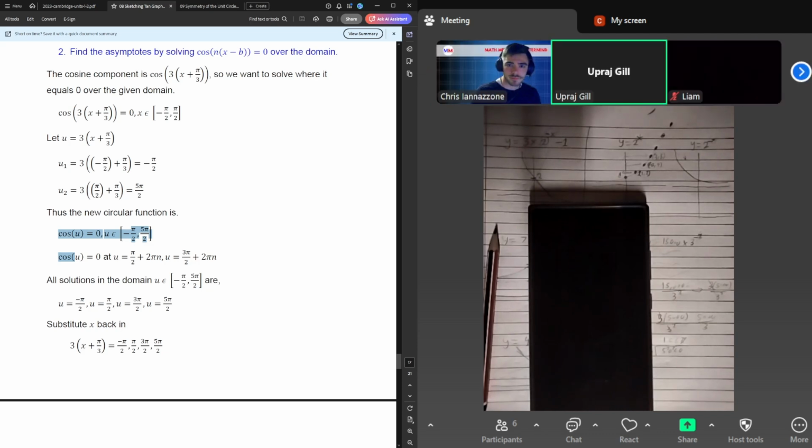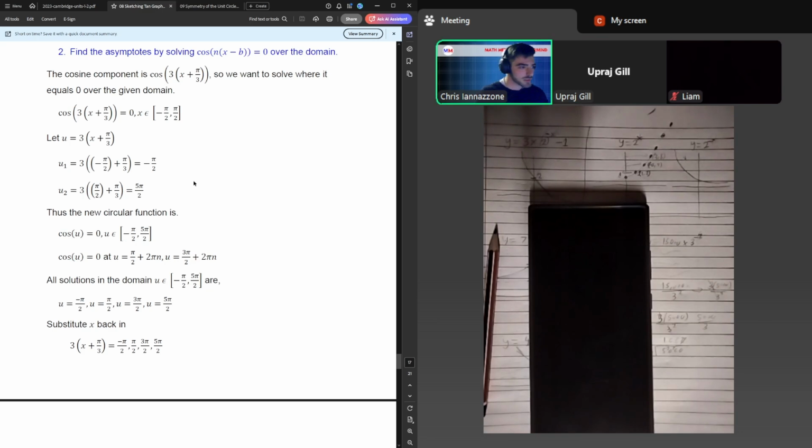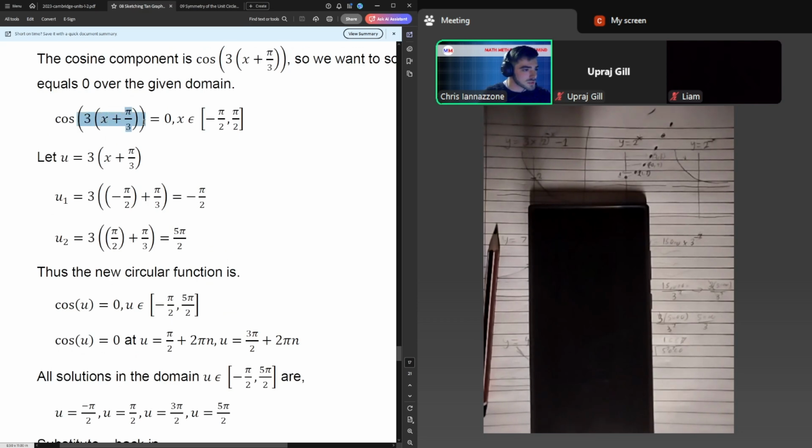Chris, could you just explain how you change the domain? Yeah. So it comes from the substitution here. We take whatever's inside the circular function, make that our substitution. The problem is we still have this x domain, but we've now put the letter u inside of the cosine. We need to get this written in terms of u.